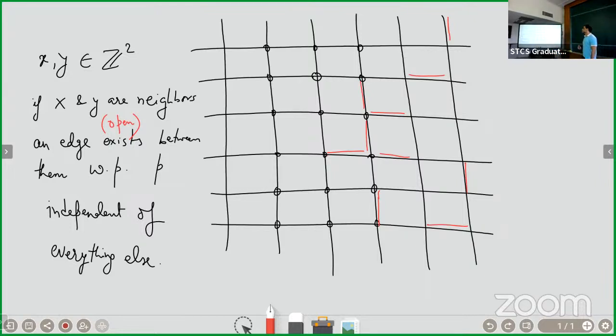On this random graph, what I want to understand is how large the connected component is. For each vertex, there is a connected component.